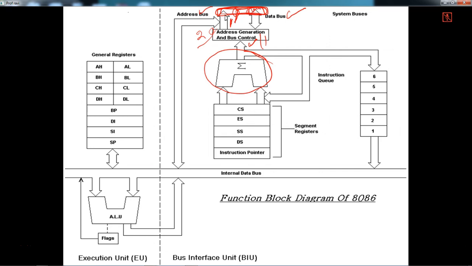So once the memory is identified, the data is transferred by using the data bus. This data bus is used to transfer your data, and this data will go into a queue. This is called the instruction queue.